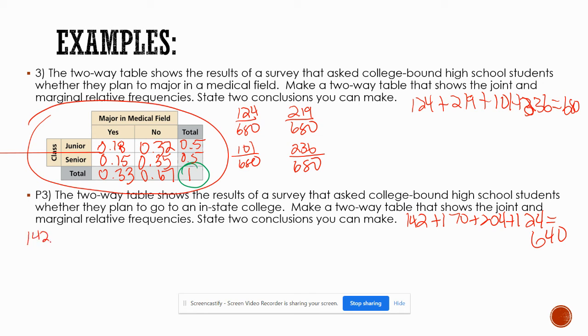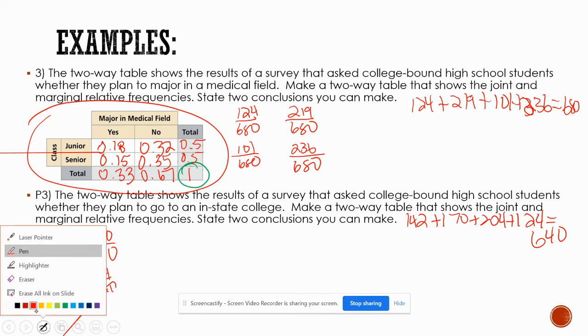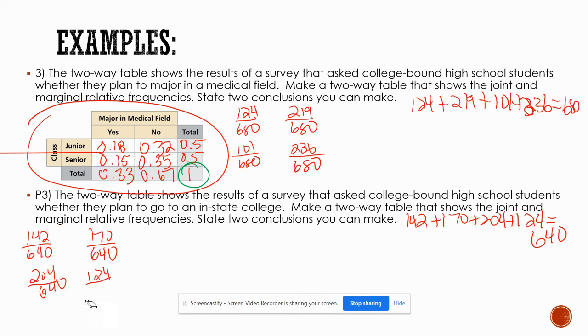So we'd have 142 out of 640, 204 out of 640, 170 out of 640, and 124 out of 640. Oops. Sorry about that. And that's how we're going to start with getting our joint relative frequencies.